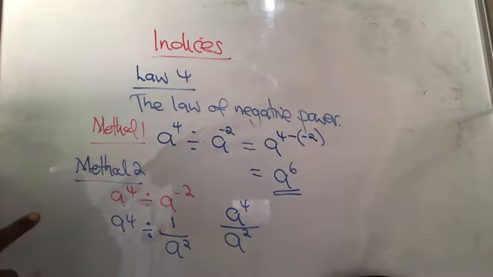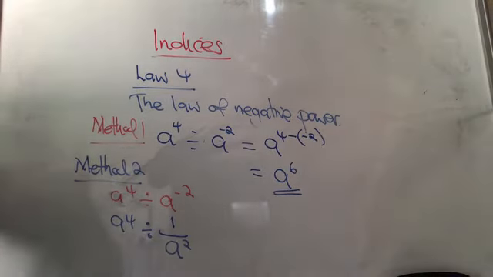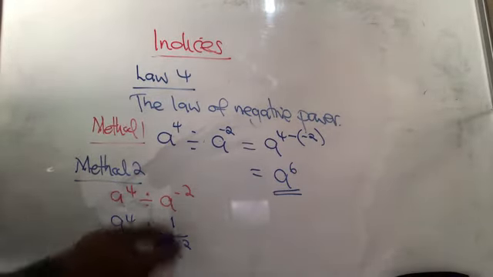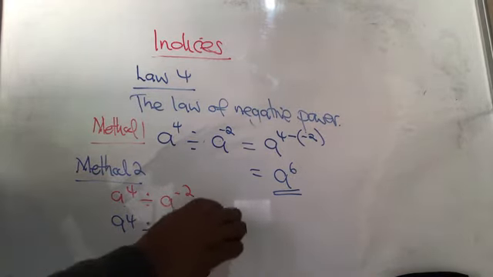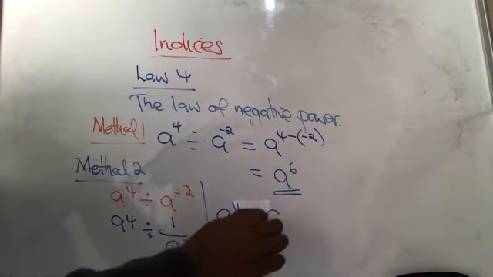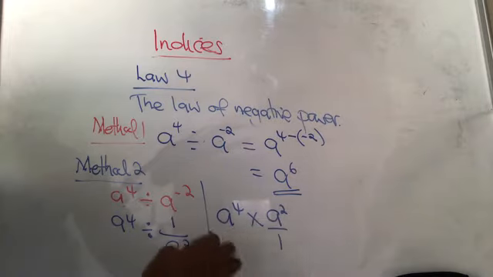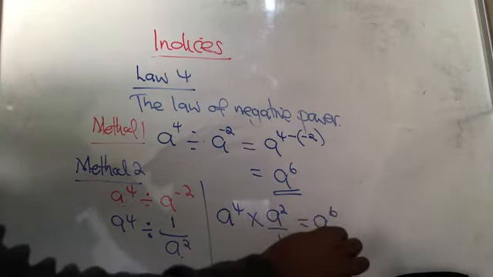But not exactly as that, because we know that the rule says when we have a number like this, we invert the divisor to make it positive. So I'll end up having a to the power of 4 multiplied by this. I'll invert the divisor and say a squared over 1. Then we add the powers and we end up having a to the power 6.